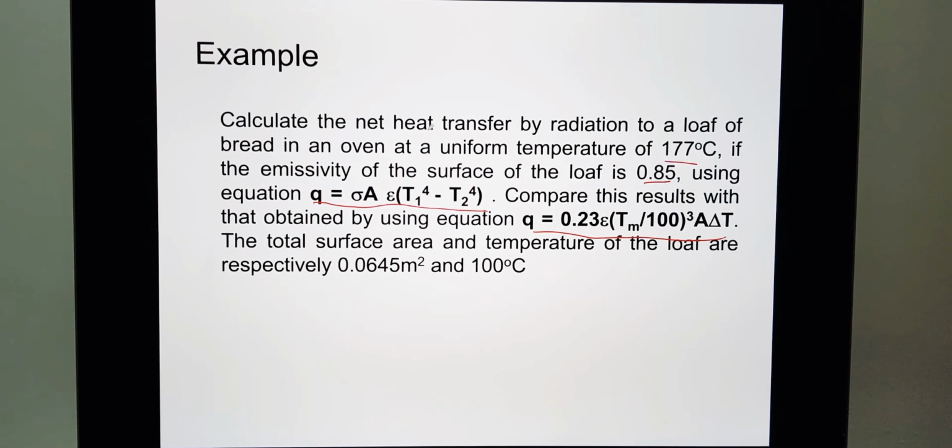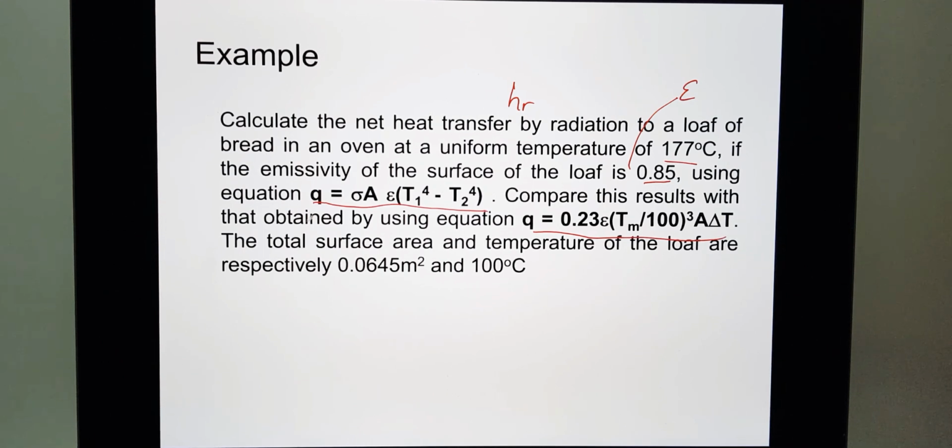Calculate the net heat transfer by radiation to a loaf of bread in an oven at a uniform temperature of 177 degrees Celsius, if the emissivity of the surface of the loaf is 0.85, using the equation Q equals sigma A epsilon times (T1 to the power 4 minus T2 to the power 4).